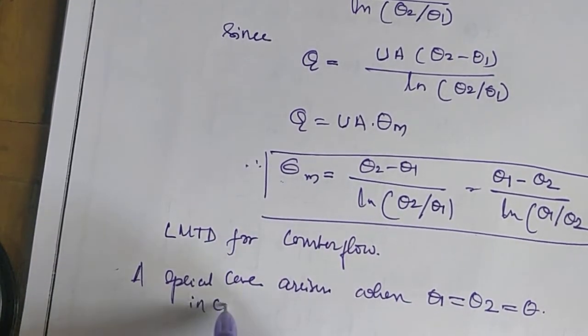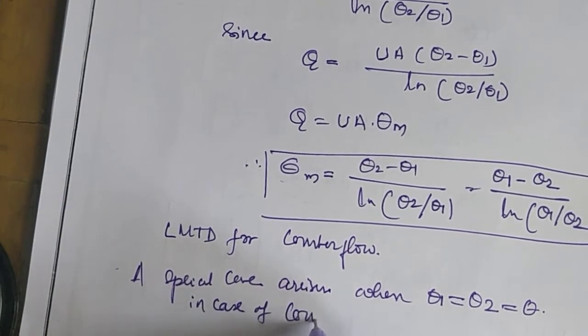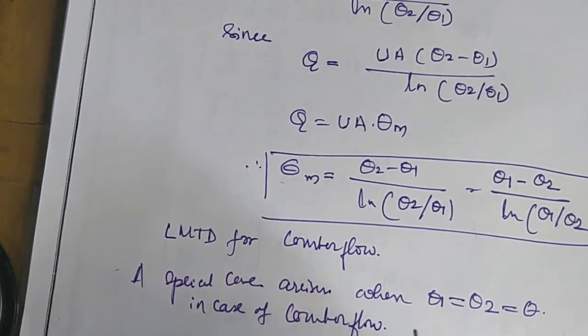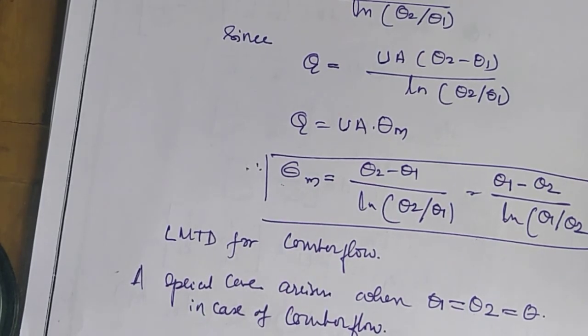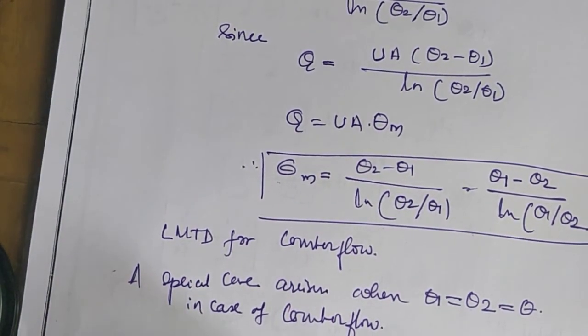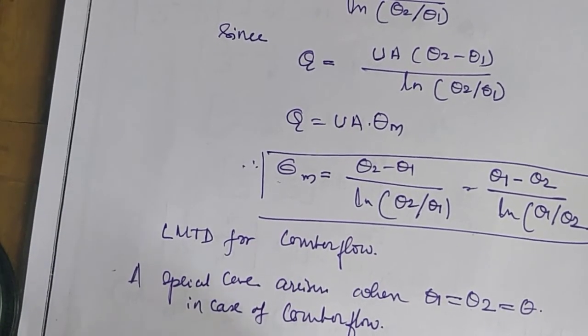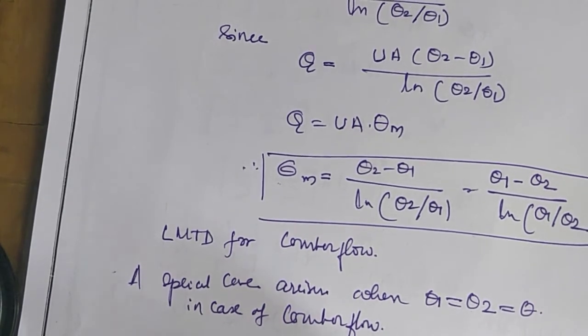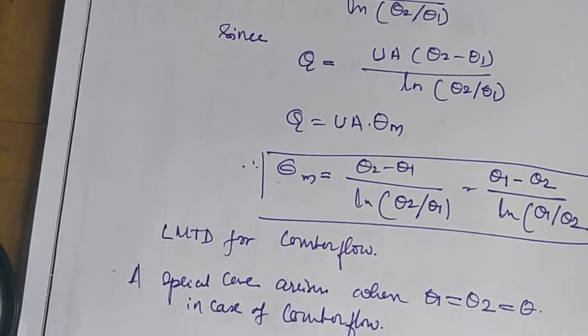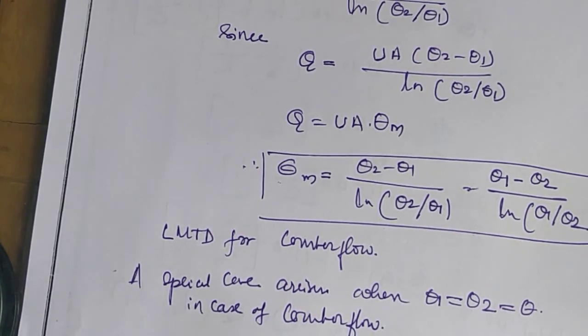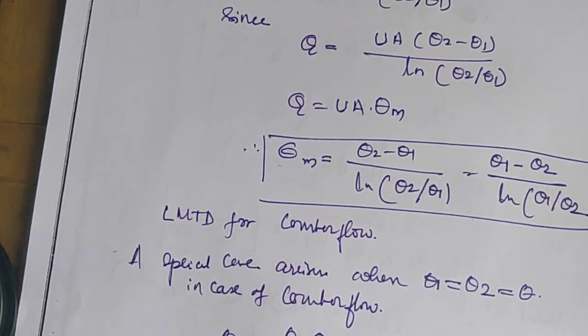In that case theta m is equal to (theta minus theta) divided by ln of theta by theta, so 0 by 0. Okay, so in the case of counterflow where the fluid temperature differences are the same, we can expect theta m is 0. This is how we can derive the equation. Thanks for watching this video.